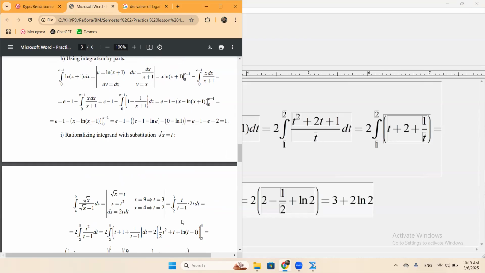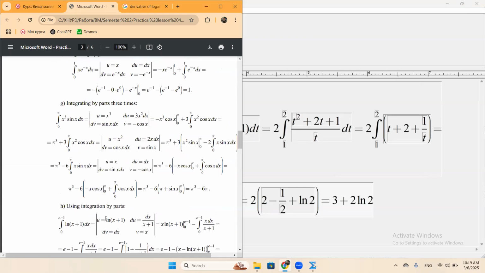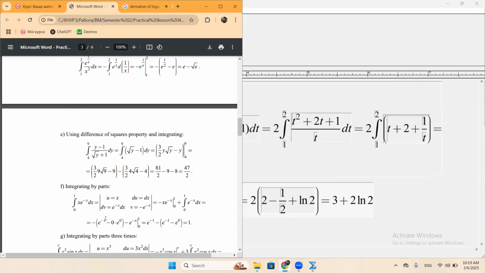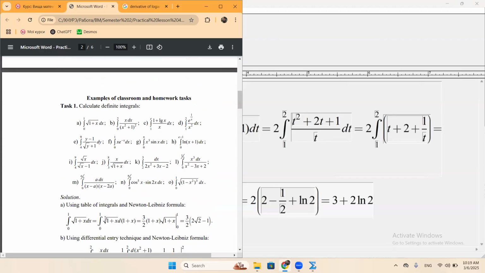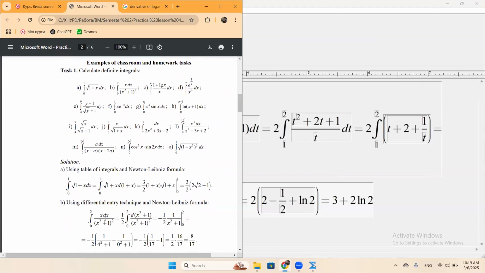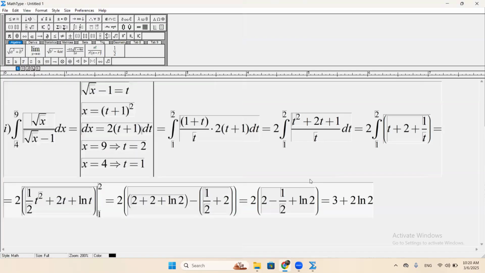So we'll have to recalculate this integral. So any questions for now? If no questions, let's have a break for 5 minutes and then we will continue calculating integrals.